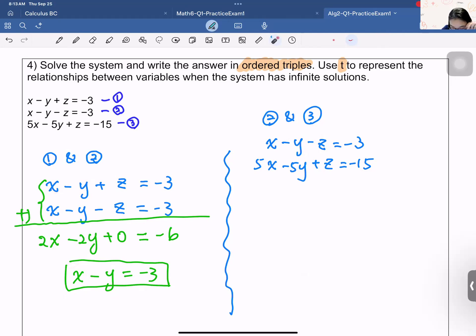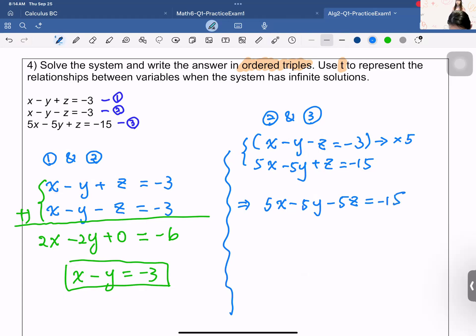So I can have a sense in my mind that this is probably an infinite solution. But in order to make myself more safe, what I want to do is to multiply the first one by 5. So in the end, I have 5x minus 5y minus 5z equals -15. I copy the second one, 5x minus 5y plus z equals -15.